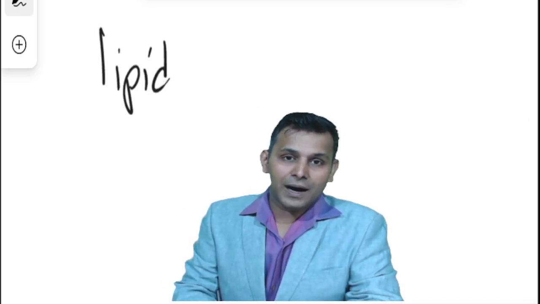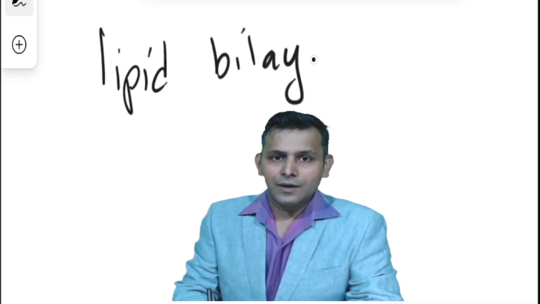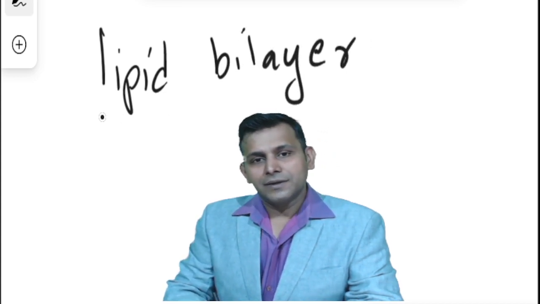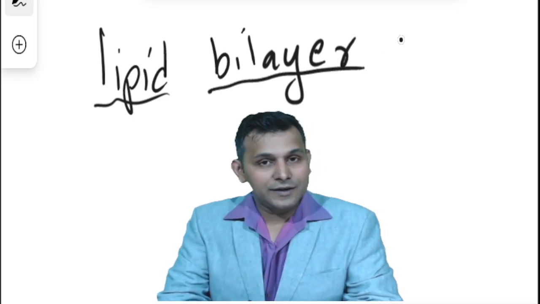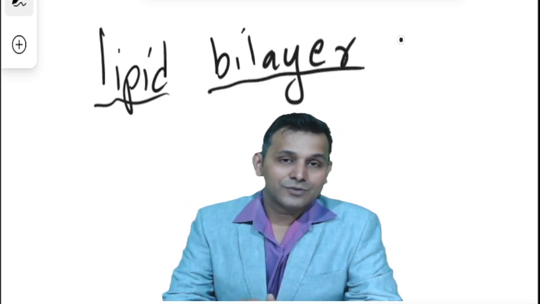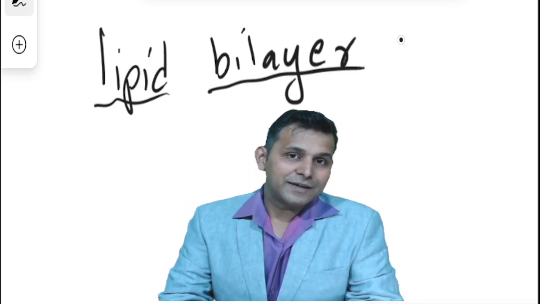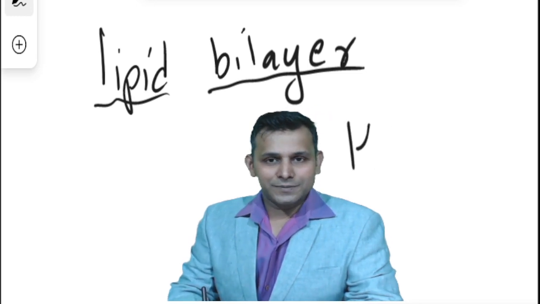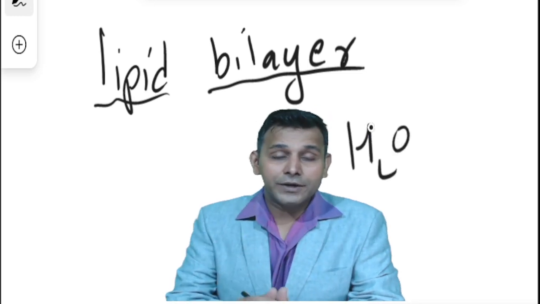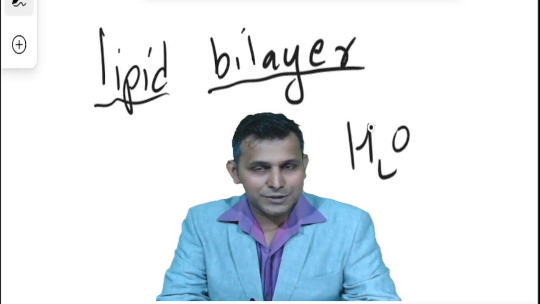The cell membrane is a barrier for the cell to the outside world. The name of the cell membrane which we very commonly use is the lipid bilayer. Now, why has this lipid bilayer structure come into the picture? Where has life originated? Life has originated in water.